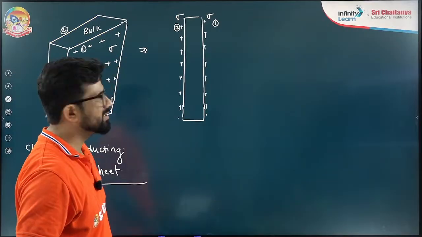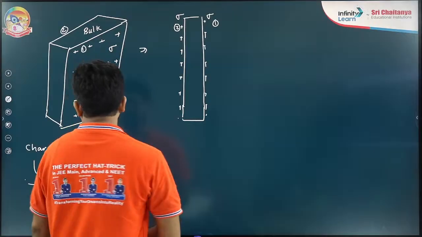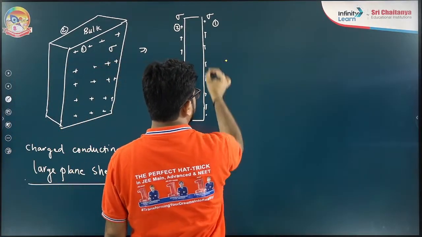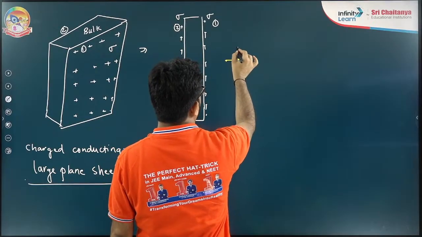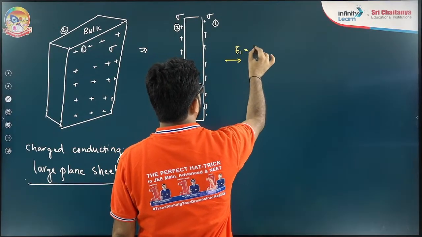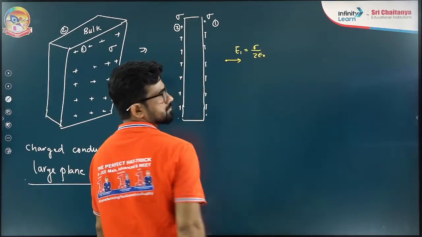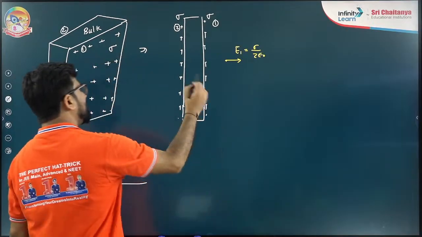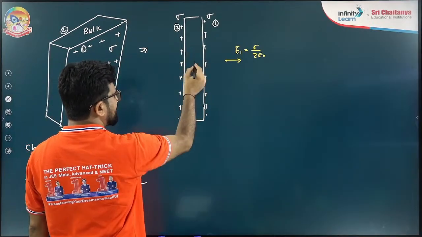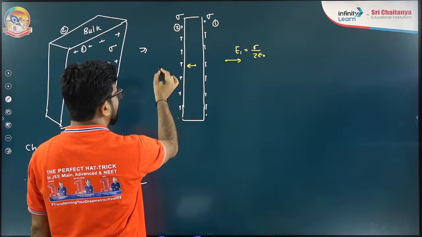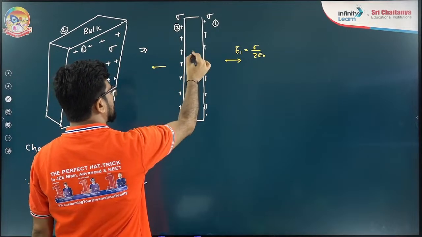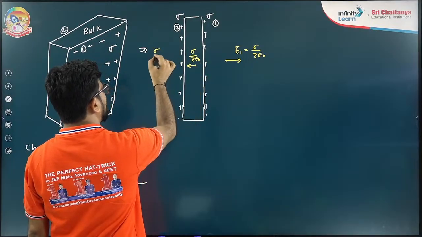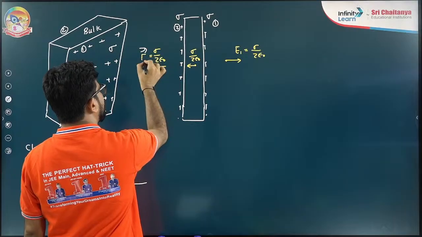Similarly, due to 1, on this side also the field is sigma by 2 epsilon naught, also E1.